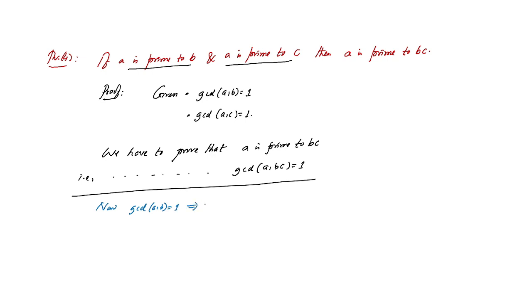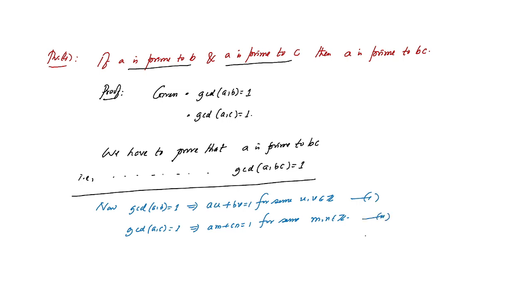That implies AU plus BV equals 1 for some U, V belonging to Z. And GCD of A, C equals 1 implies AM plus CN equals 1 for some M, N belonging to Z, by using the first theorem, theorem 1. So that we can represent as 1, and this we can represent as 2.